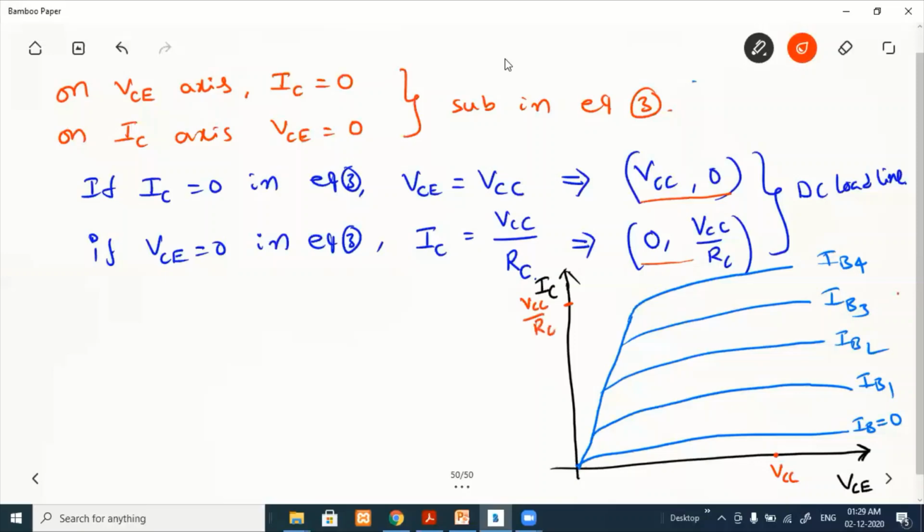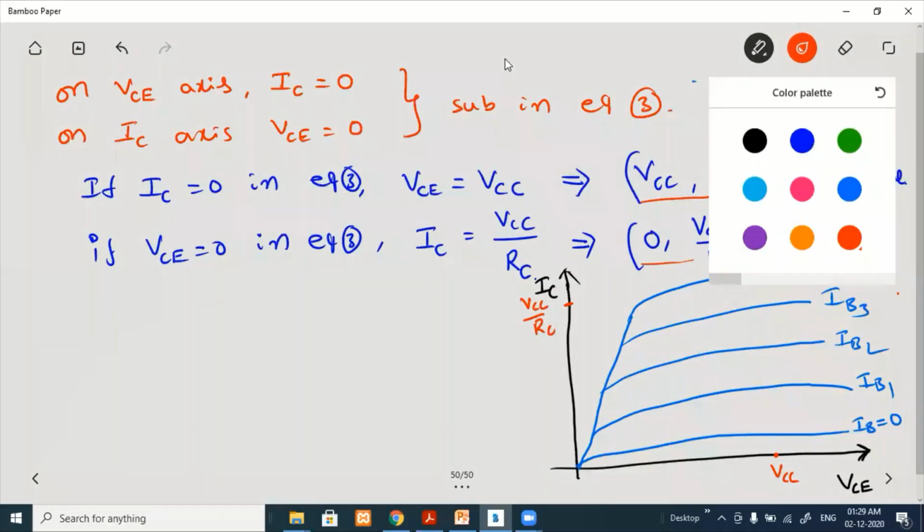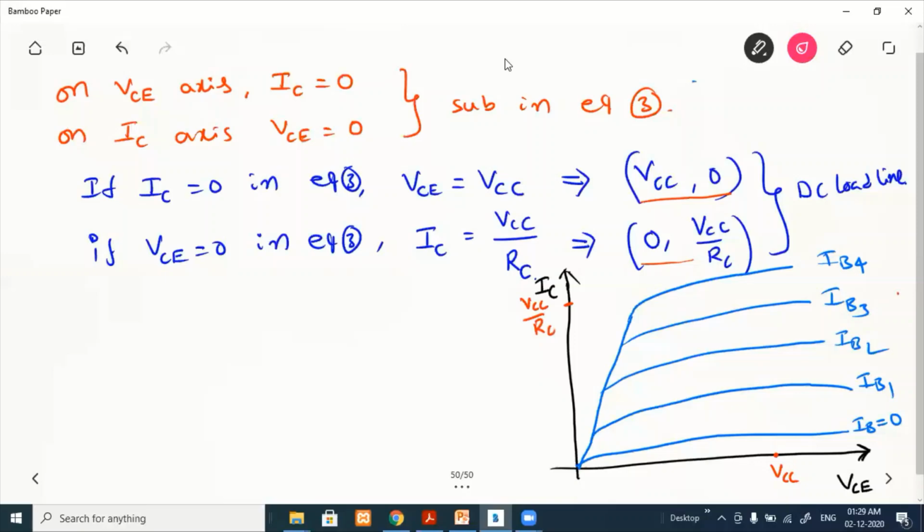By joining these two, we get a straight line that we call a load line. This straight line is called the DC load line.